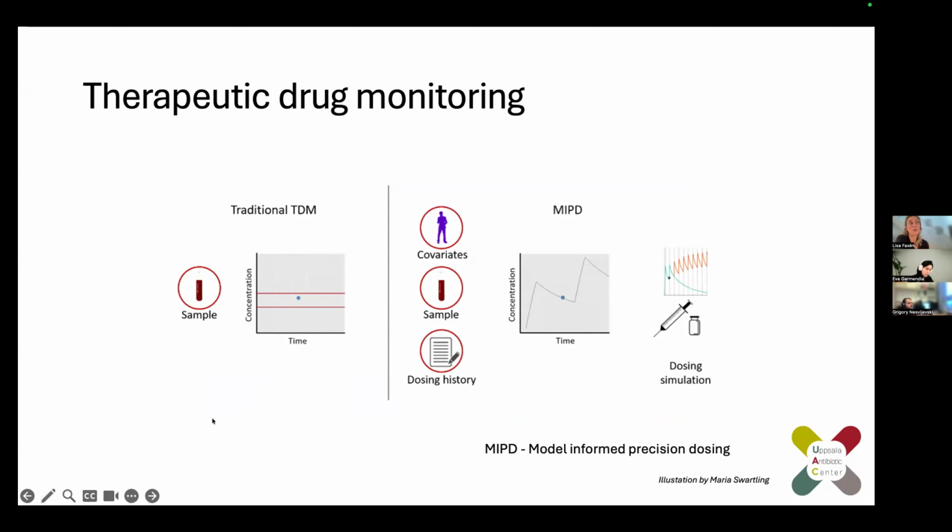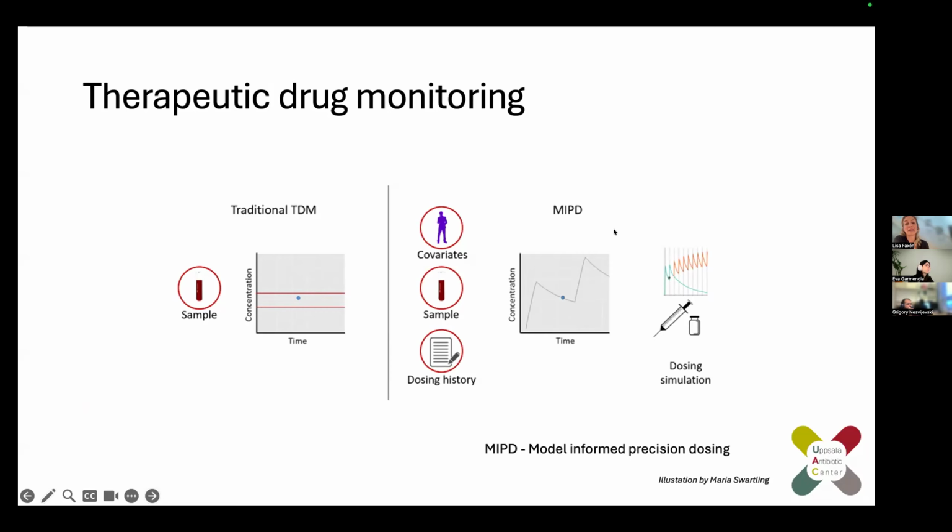The traditional way of sampling and TDM is that you take your sample and compare it to your therapeutic window, and it's very important that the sample is taken at a certain time point, like just before the next dose. That is usually how we do it today in many conditions and for many drugs when we do TDM.